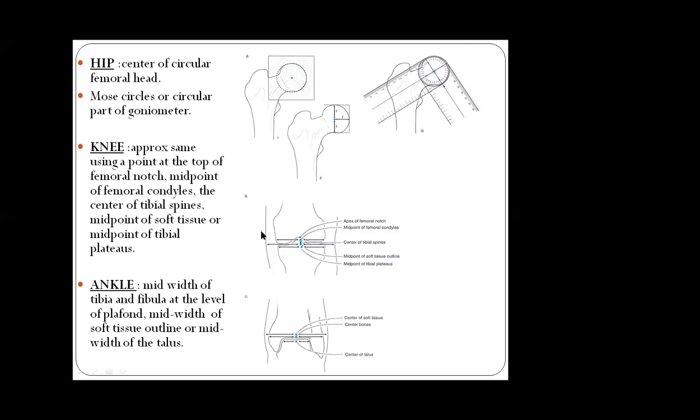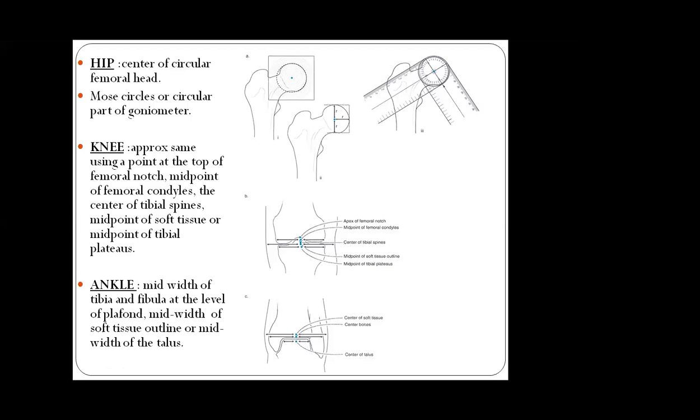We can take any point as a reference for the center of the knee joint, because all the points are more or less in the same line or very near to each other. For practical purposes, we take mostly the center of the femoral condyle or the apex of the femoral notch as the center of the knee joint.